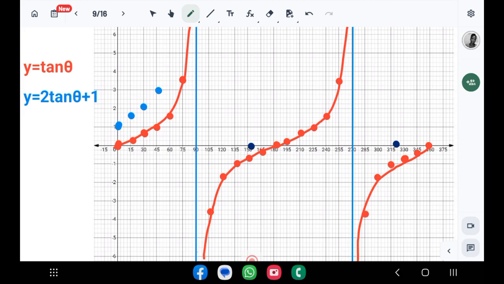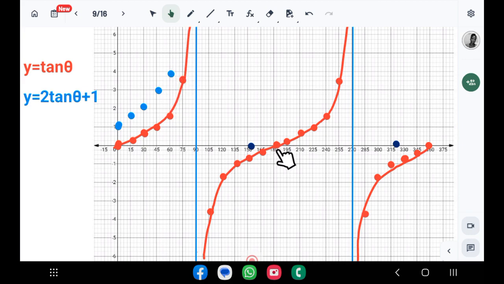And watch us duplicate these points so you don't have to work everything out one by one. 4,46, that's almost 4.5, but just below that. Okay, there we go. Next, the last one is 75. 2 tan 75 plus 1, and that gives us 8,46, so that's almost 8,5, and that's out of range.